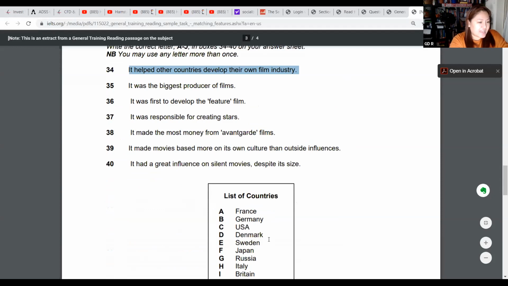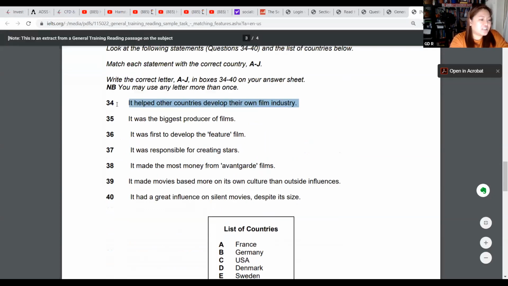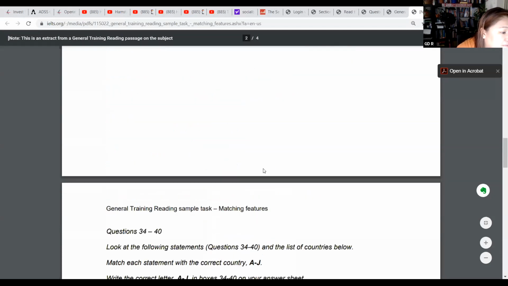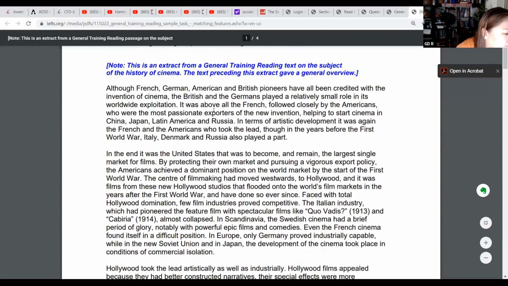So how will you know the answer? Go back to the passage. The good thing about this type of questions is, class, usually magkakasunod. So if it's the first question, you can find the answer sa first paragraph. So, just read the first paragraph and see which country helped.